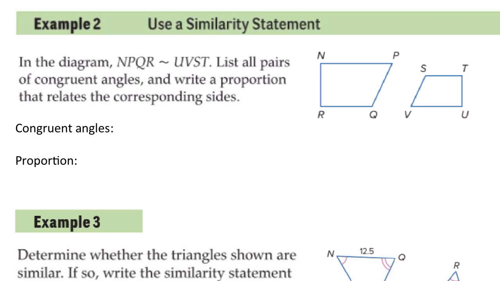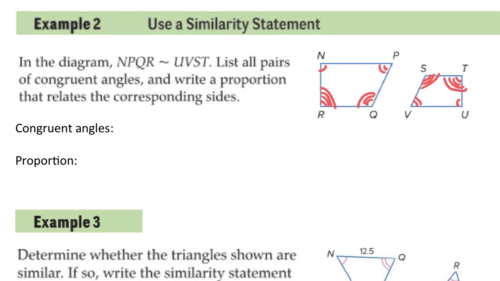All right, you're back. Did you follow the angles? NPQR. Single tick, double tick, triple tick, quadruple tick. Is similar to UVST. So start with U. UVST. Now if you do that, you'll not mess this up.